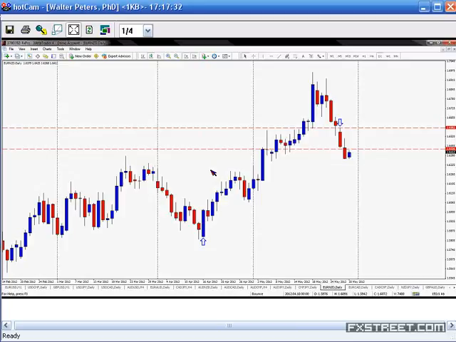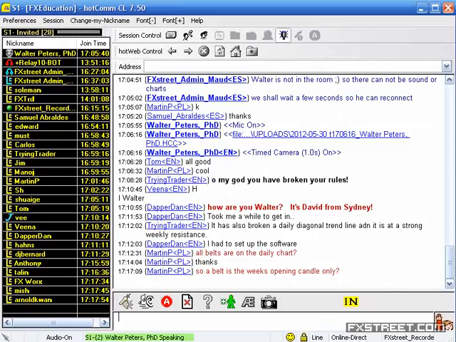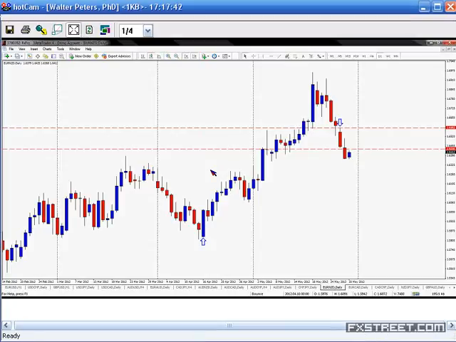Martin says, so the belt is the week's opening candle only. Well, good question, Martin. In Forex, the answer is yes. Because our markets are so liquid, it's unlikely that you're going to see a gap on a Wednesday, obviously. Now, if you're looking at stocks or CFDs or things like that, you're probably going to see belts all over the place, right?